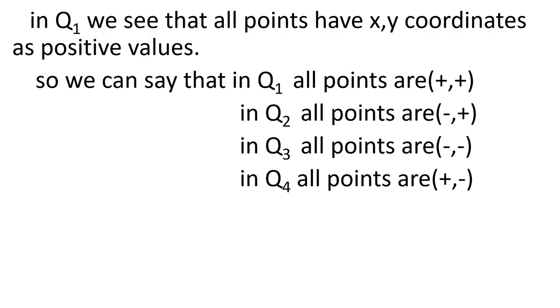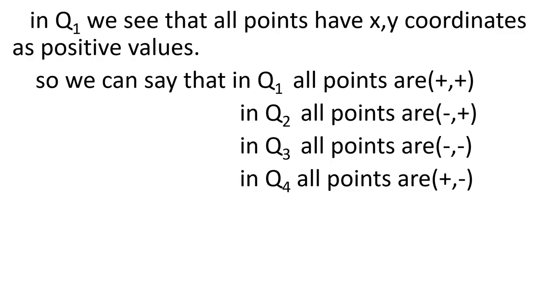In Q1, we see that all points have positive x and y coordinates. So we can say that in Q1, all points have a positive x coordinate and a positive y coordinate. In Q2, all points have a negative x coordinate and a positive y coordinate.